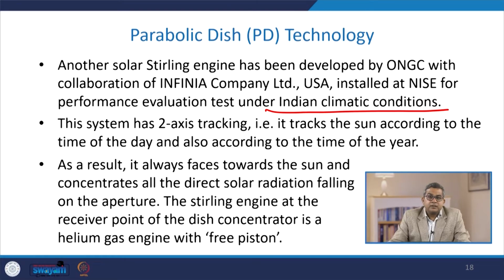As a result, it always faces the sun and concentrates all the direct solar radiation falling on that particular aperture. The Stirling engine at the receiver point of the dish concentrator is a helium gas engine with a free piston.